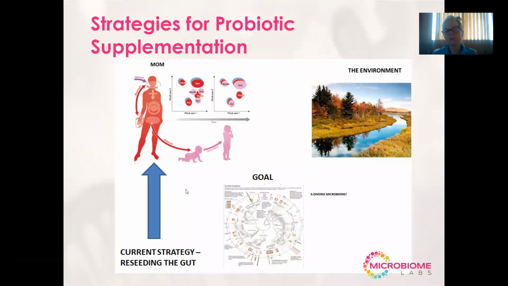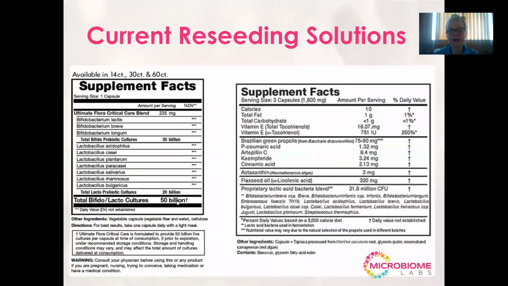And what we learned, really, is the current strategy of reseeding the gut with probiotics. Let's look at some of the fallacies behind that. First of all, let's look at the ingredients. We see in other, non-spore probiotics, you've got a lot of bifidobacteria, a lot of different types of lactobacillus, bifidobacterium lactis, Streptococcus thermophilus.